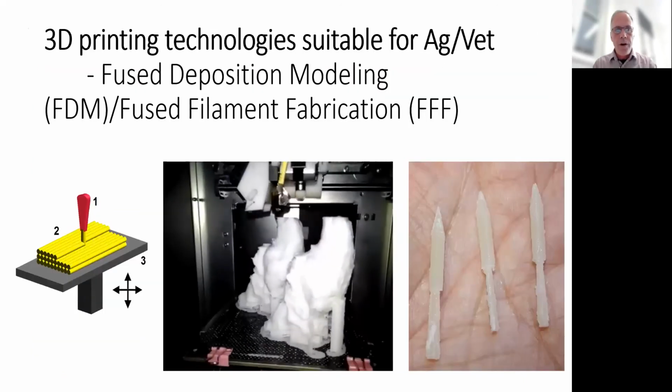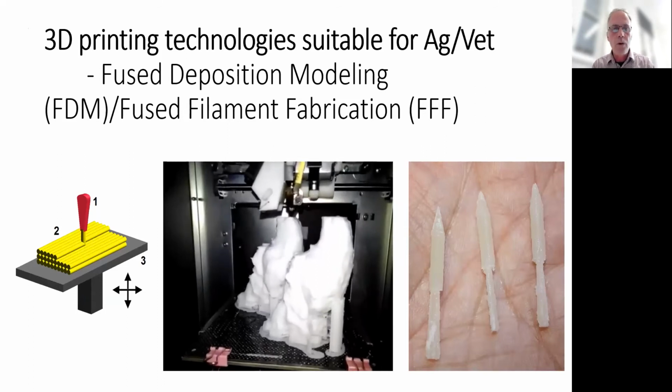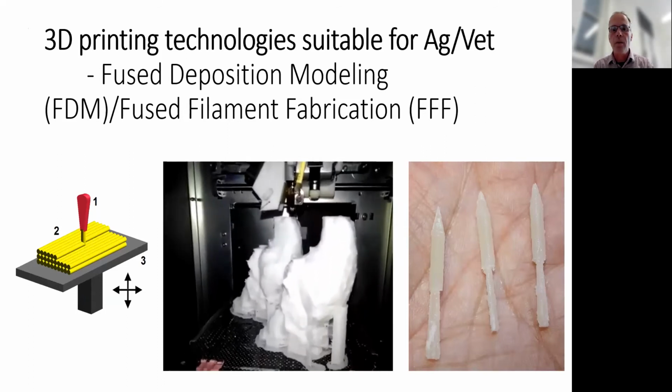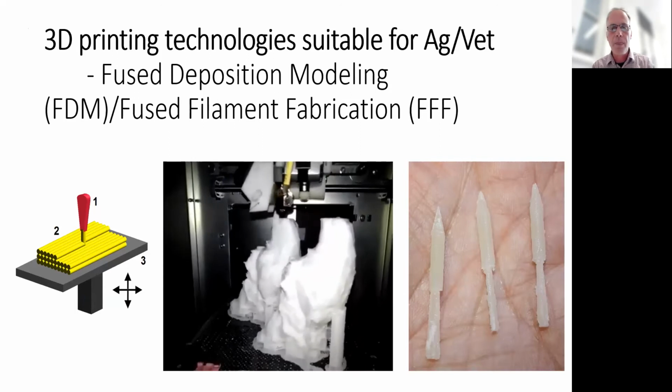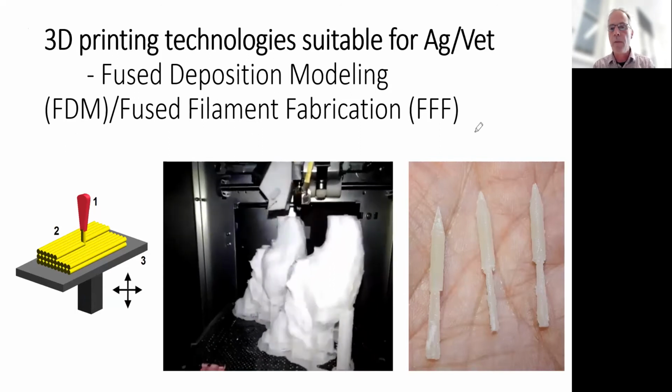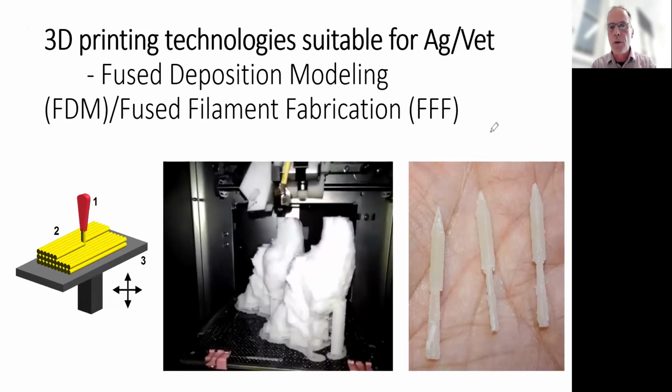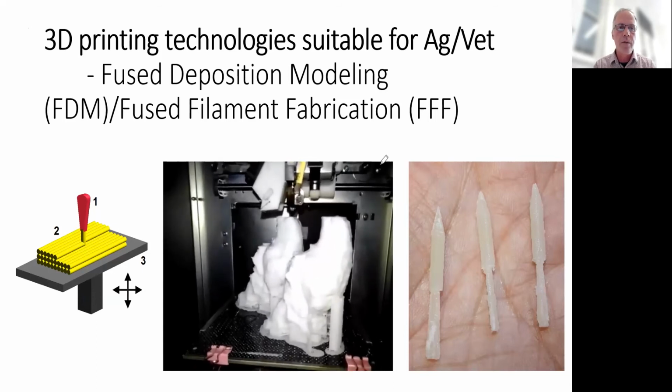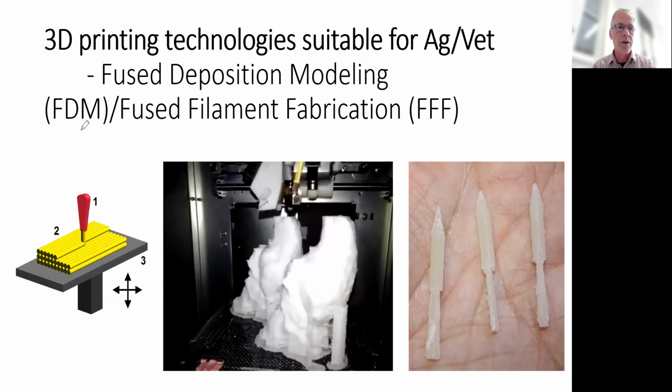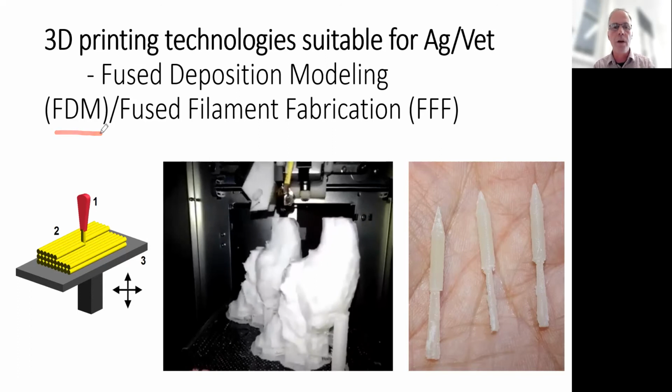But when we talk about 3D printing, most of us would think of the layer by layer FDM or FFF. Both these terms are describing the same process. Fused deposition modeling is typically thought of as a more industrial scale, more industrial precise process.